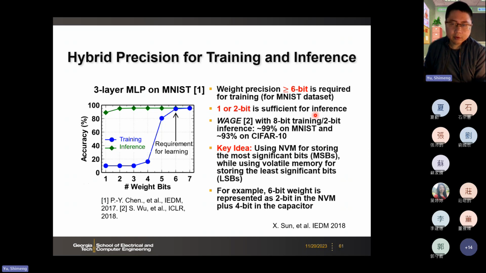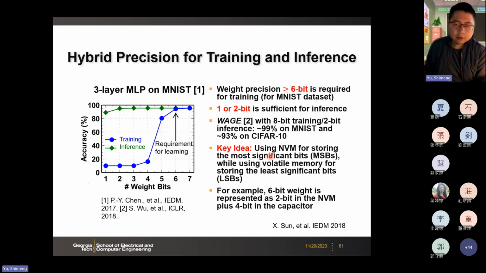Even for complex models like ImageNet, 4 bit is easily enough. But for the training, even for a small data set, you need 6 bit. For more challenging data sets, you need 8 bit or even 10 bit. So the requirement on the training is much more stringent than the inference.